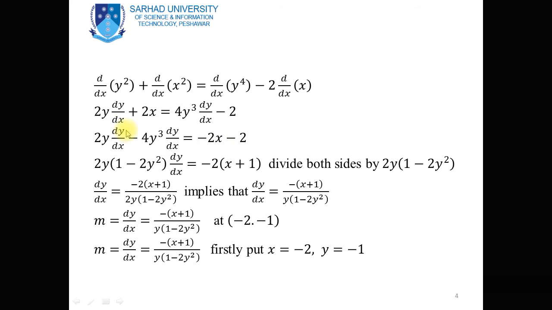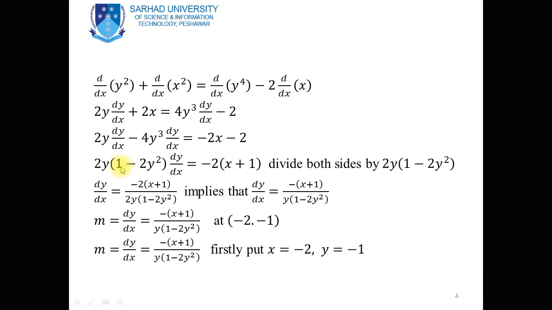Now taking dy by dx common from these two terms, we obtain 2y into (1 minus 2y square) into dy by dx is equal to, taking minus 2 common from the right side, minus 2 into (x plus 1).